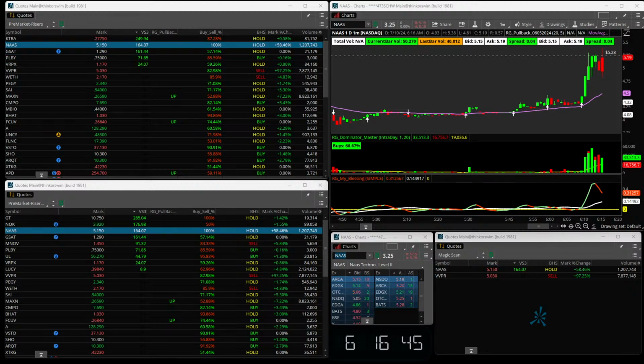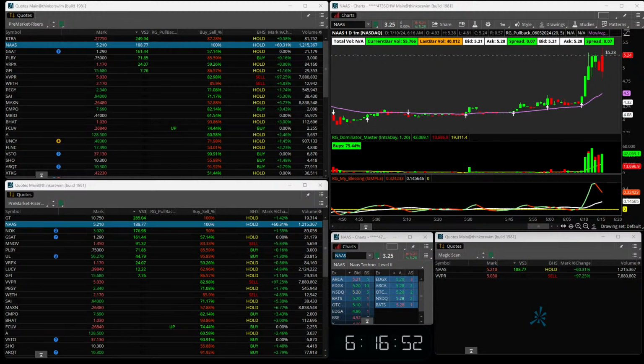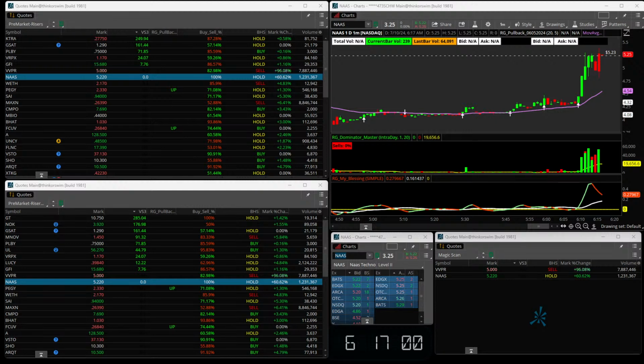Looks like we may try to push through that 5.23. Let's see if we can find enough buyers here. I'm watching for the green dominator bar getting taller and taller. Let's see if we can push on through and get another run going up. We are now above that 5.23.